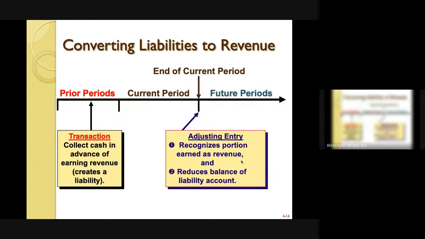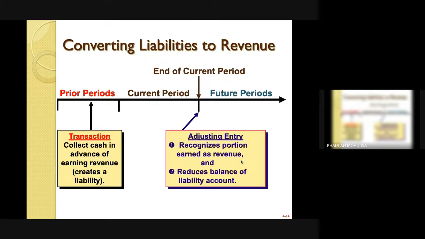Now the second one is converting liabilities to revenue. This is when you collect cash in advance of earning revenue. You have not performed the service or sold the goods, but you have received cash in advance. Similarly, you have to recognize the portion of revenue and reduce the balance of the liability.